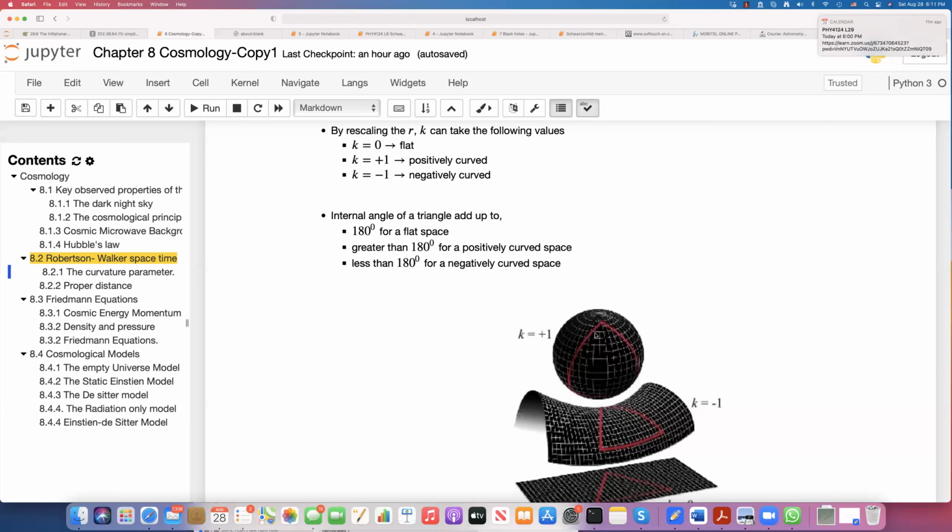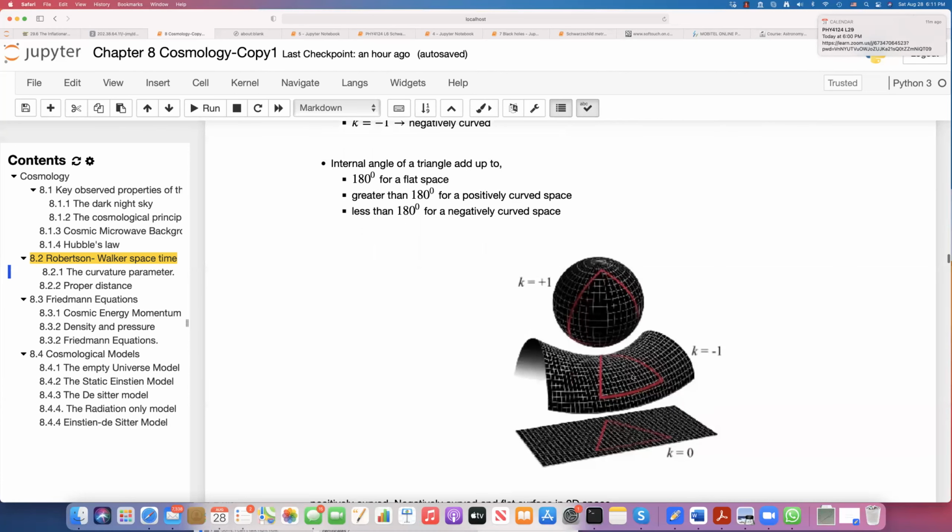In normal Euclidean space, we know that for a triangle, if you add these three internal angles, it should be 180 degrees, right? So that is K equals 0, flat space. You have all this Euclidean geometry and everything. However, that isn't valid for curved surfaces.